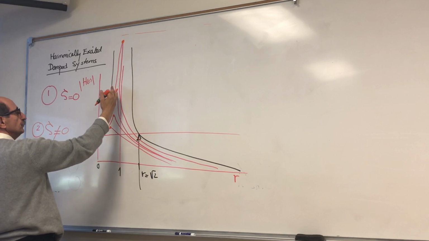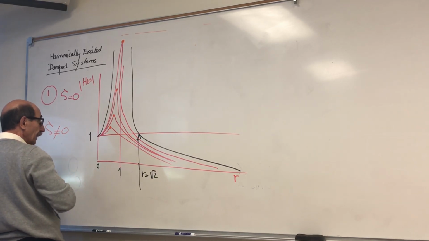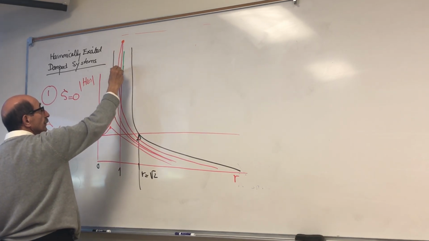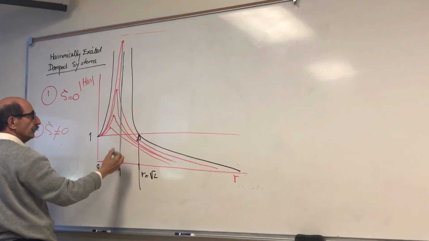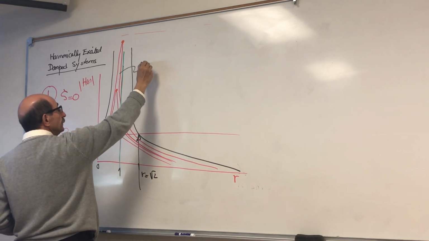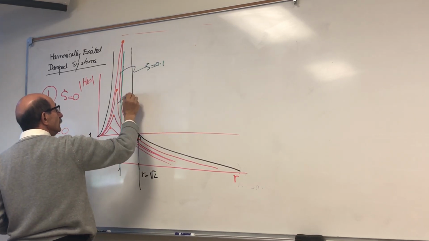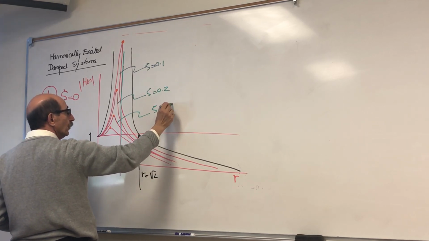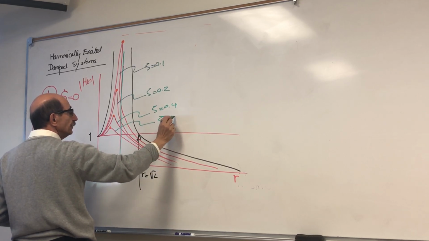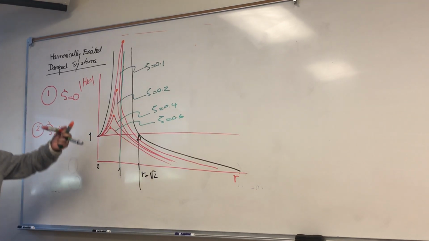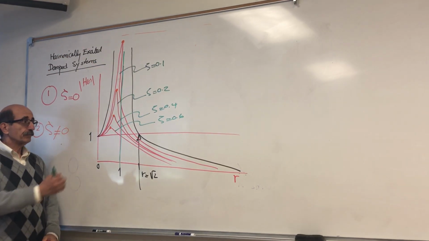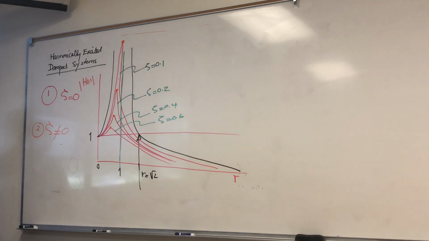The peak value is to the left-hand side of this line. And if, say, this is 0.1, this is point, say, 2, this is, say, 0.4, this is 0.6, the higher the damping ratio goes, the further this peak value shifts to the left of r equal to 1.